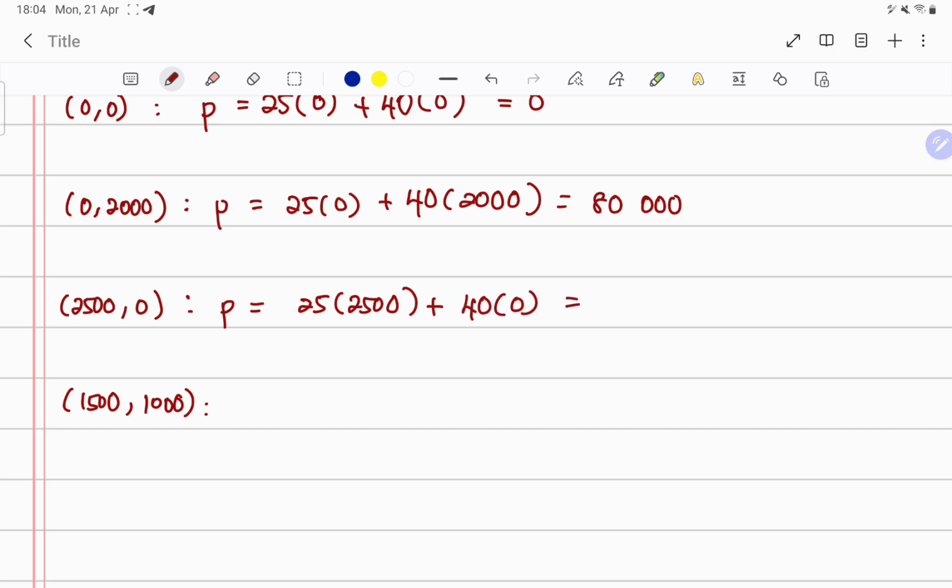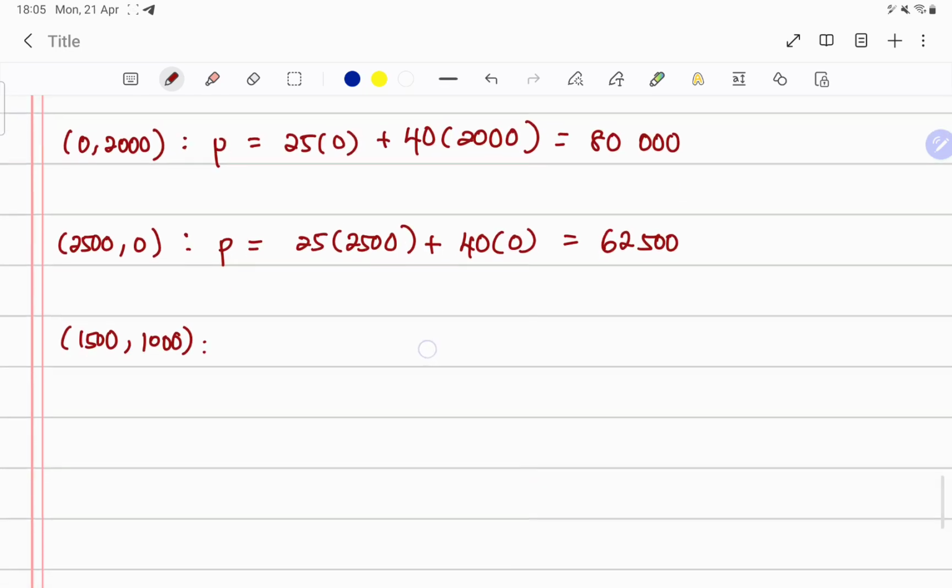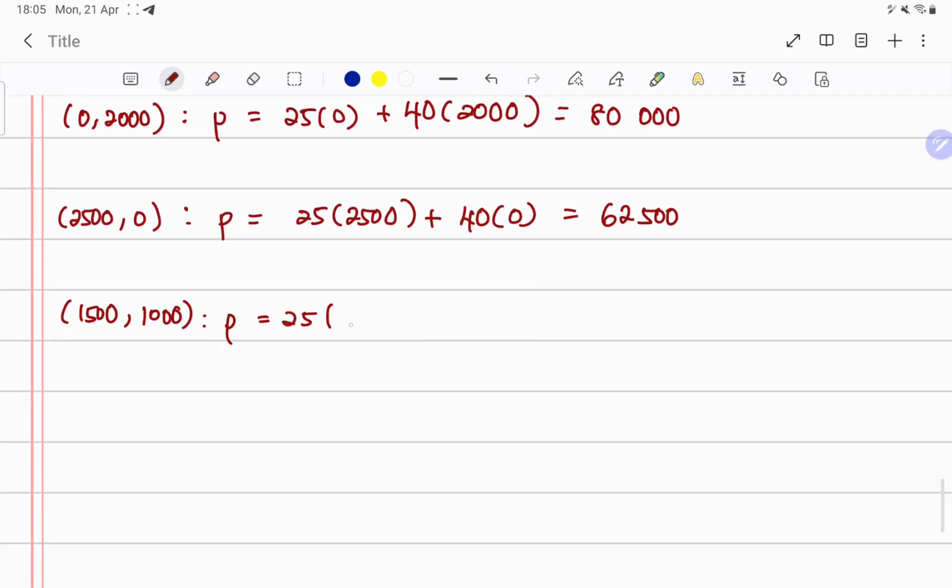The answer you will get here, 25 multiplied by 2500 is 62,500. Then the next one we have P equal to 25 multiplied by 1,500 plus 40 multiplied by 1,000, you're going to get 77,500.